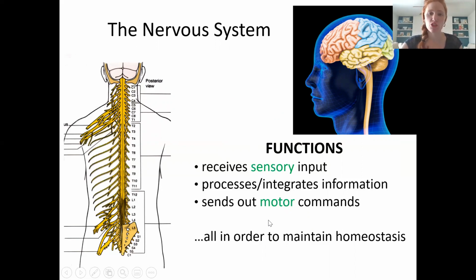Those are called motor responses or motor commands, which bring information away from the central nervous system towards what are called effector cells. Those are things like muscles or glands to cause some sort of change or reaction in the cell. So we bring information in, we process it, we think about it, we integrate it with information that we already know, and then we send out some sort of response. So sensory in, motor information out.